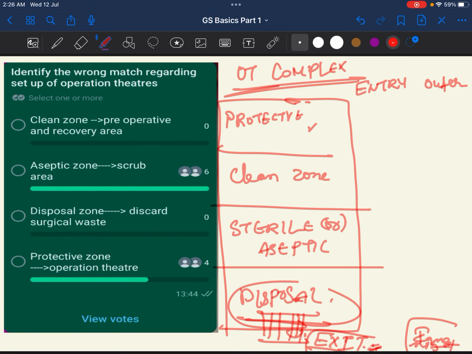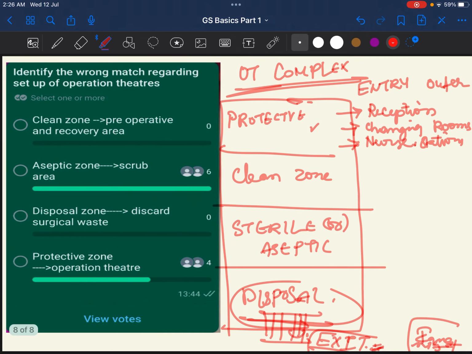In the protective zone there is the reception area, the dress change area for doctors and other medical staff, and nurse stations.